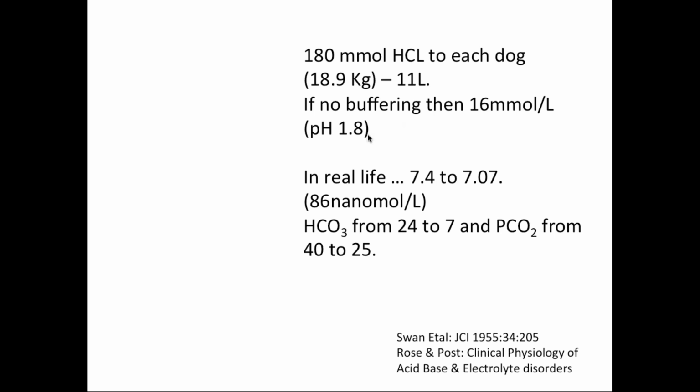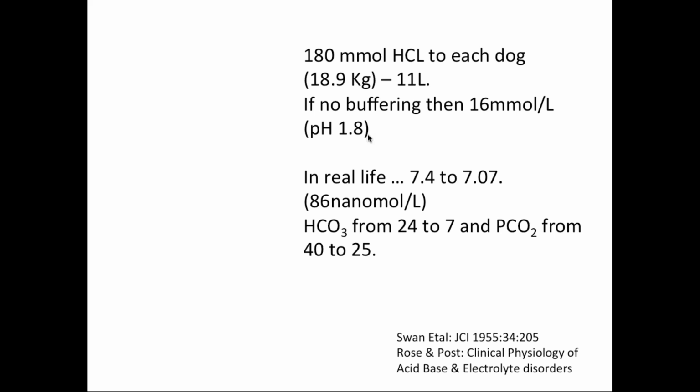In real life, what actually happened was the pH dropped from 7.4 to 7.07, which means that the H plus concentration was only 86 nanomoles per liter. And the bicarb dropped from 24 to 7, and the PCO2 dropped from 40 to 25 in the respiratory compensation that happens with metabolic acidosis.